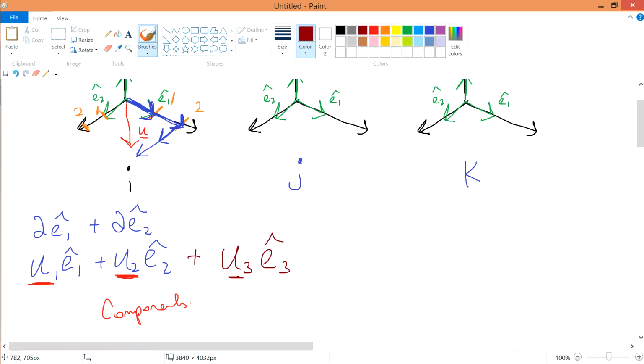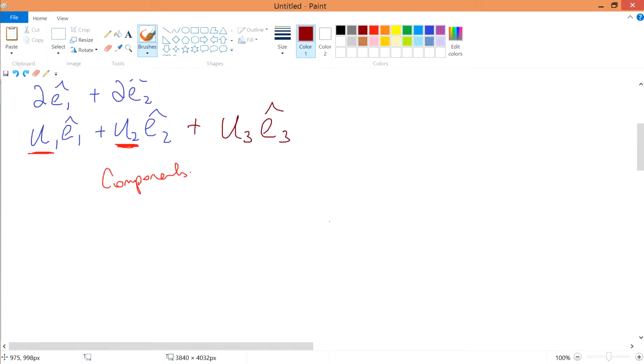This is also another component. If I have 4 dimensions, I have u4 e4 hat, something like that. The components are always represented as u1, u2, u3. These are the components of the vector.